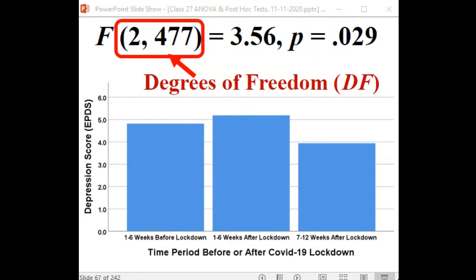These two numbers are called the degrees of freedom. Or for short, they're sometimes called just DF. Whenever we write F, the F statistic at the top, we write the degrees of freedom beside it. The degrees of freedom provide information about the number of groups being compared and the total number of people in these groups.